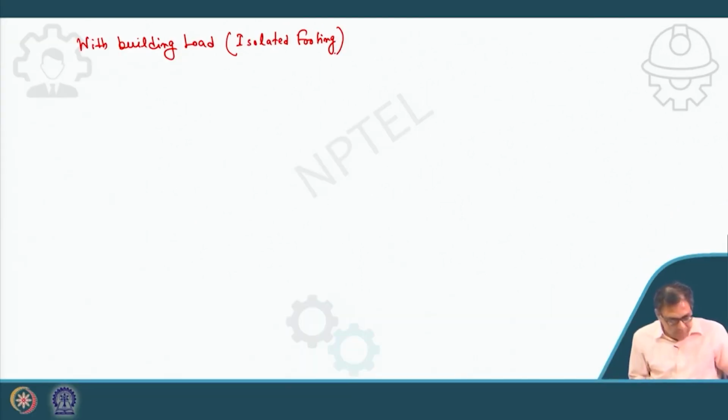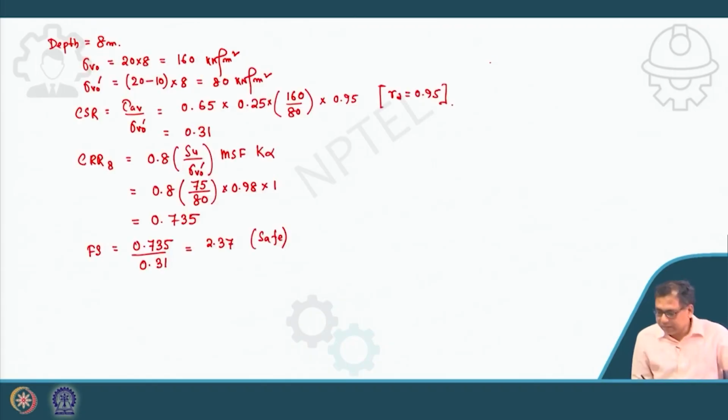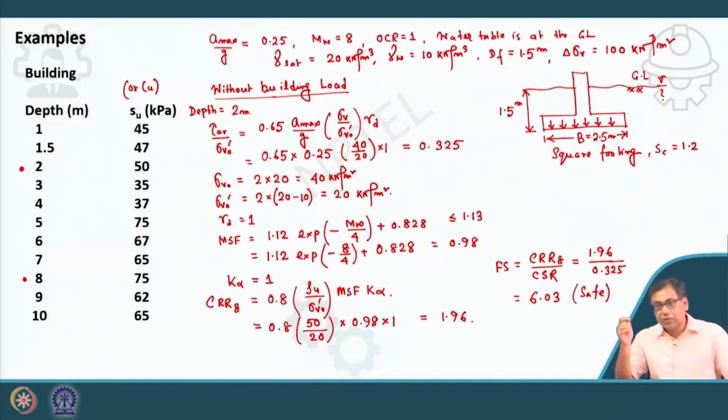So for the isolated footing, it is given that this is 2B. For bearing capacity calculation, the influence zone is B, and for settlement calculation it is twice B. So here this is my 1.5, so the influence zone will be another 2.5, that is B, 2.5 meters.